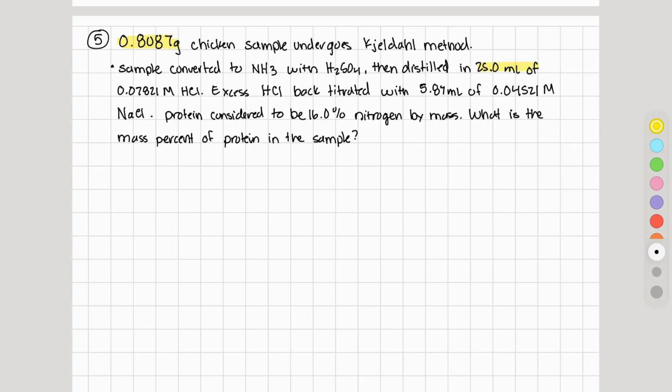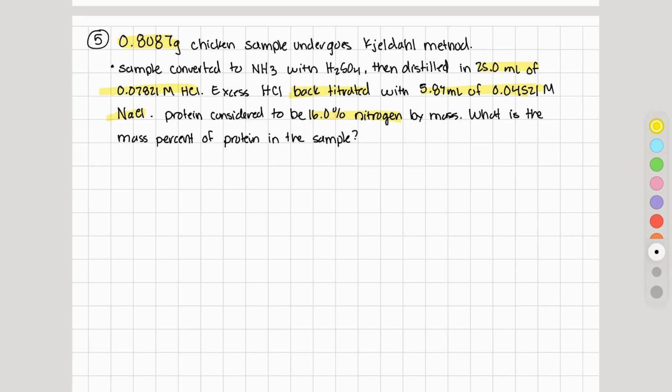What's important is the 25 milliliters of 0.07821 molar HCl. Then it tells us that this HCl is back titrated. That's important to know. That's 5.87 milliliters of 0.04521 molar NaOH. This will be important at some point. And then it wants to know what is the mass percent of protein in the sample.